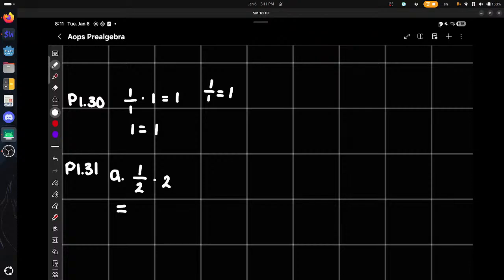Product. I have to look back. I know just by the definition, the multiplicative inverse, this would just be 1.